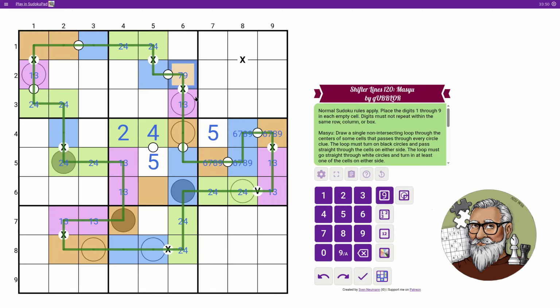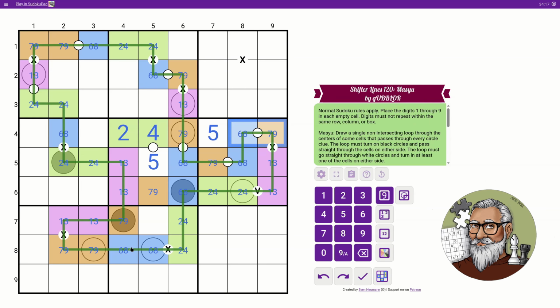Orange is from 7 9. And obviously that means that that's from 2 8, right? 2 8, 6 8. Not 7. Okay.